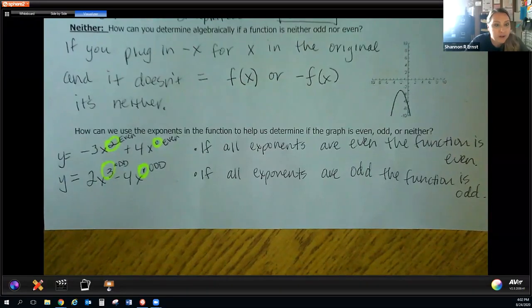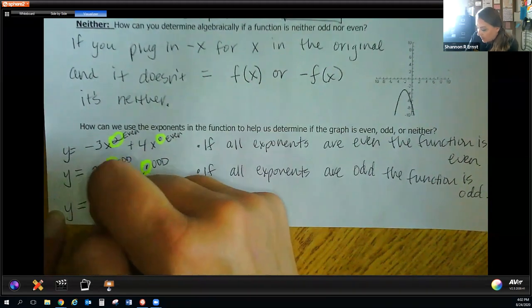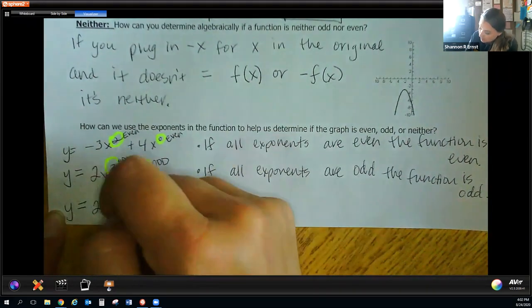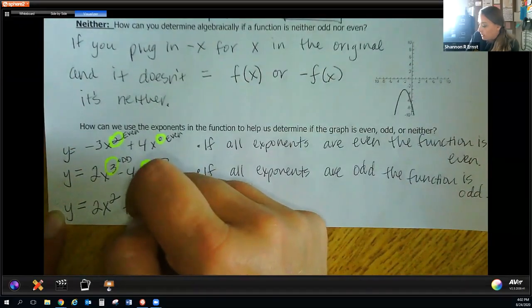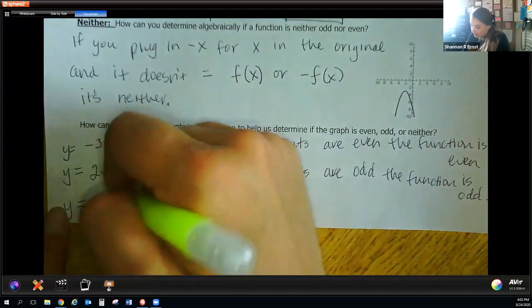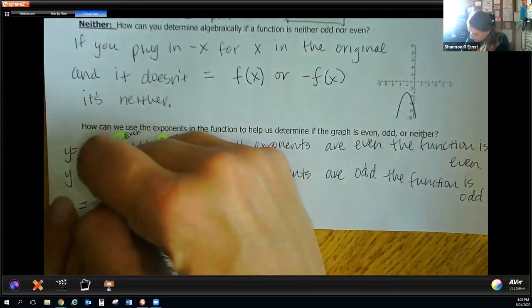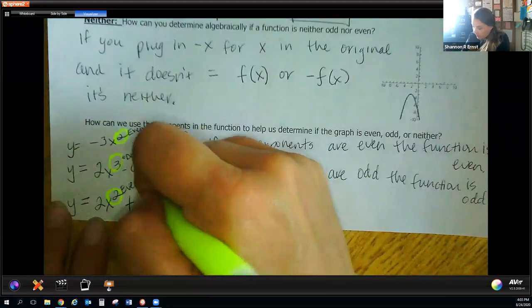And to prove that they're neither, you're going to have a mixture. So y equals, let's say, 2x squared plus x. So here, 2 is even, and x to the first power would be an odd exponent.